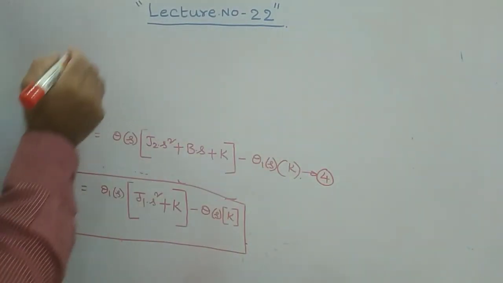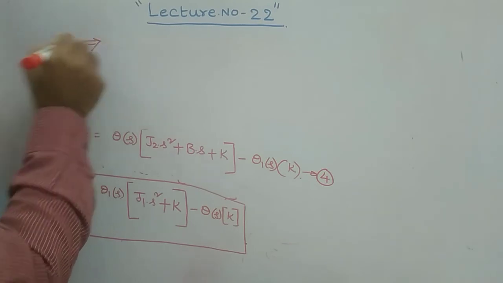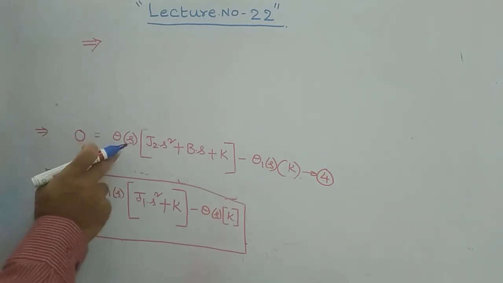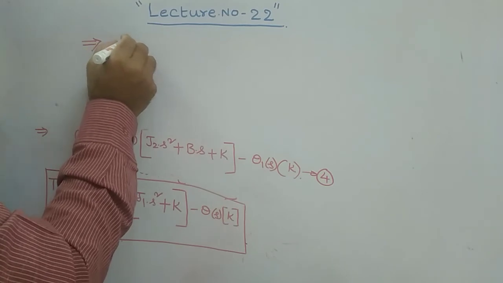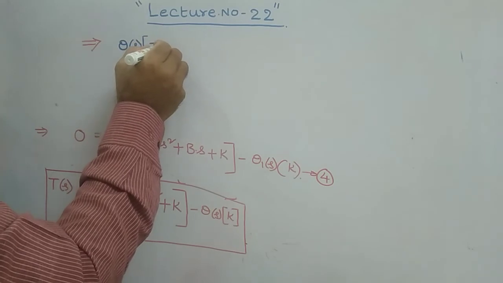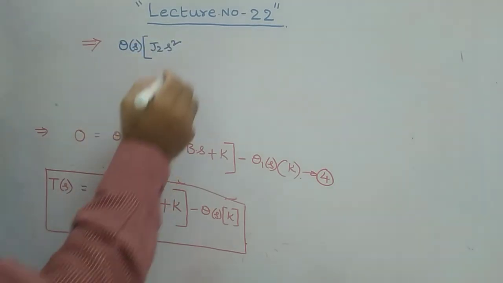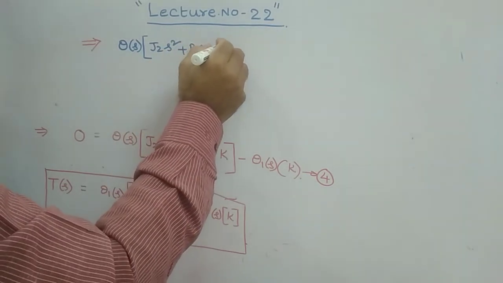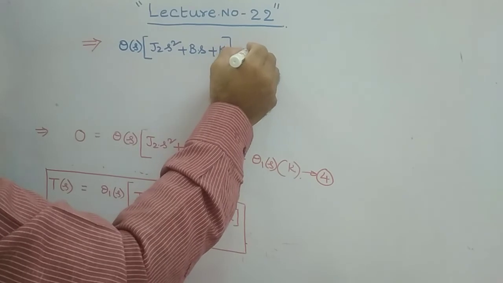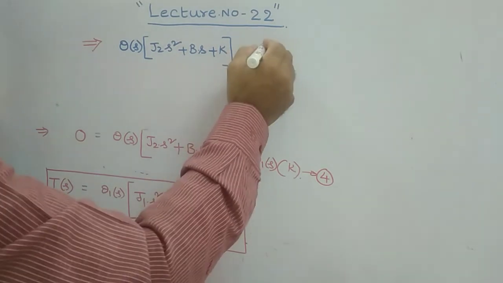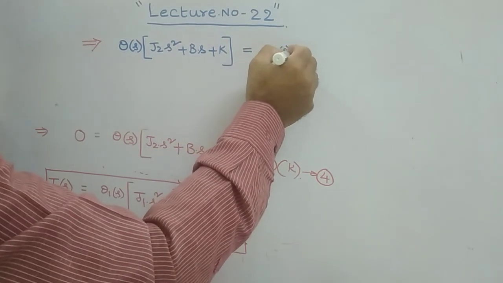So this implies, what you will have is theta of s (J2 s square plus bs plus k) is equal to, this is minus, you should bring to the left side, then it is theta 1 of s into k.